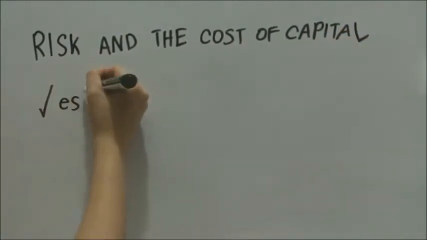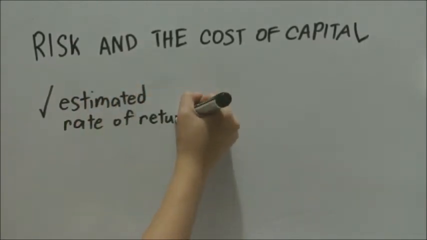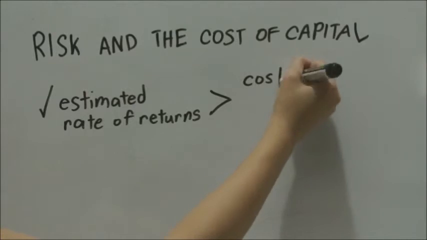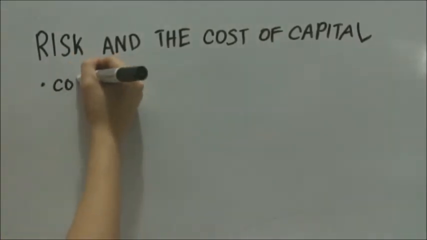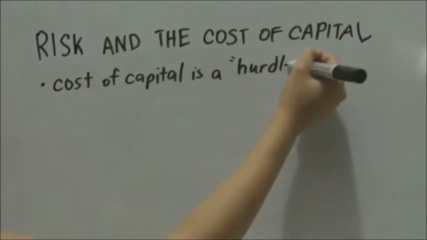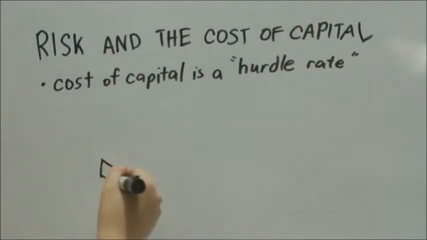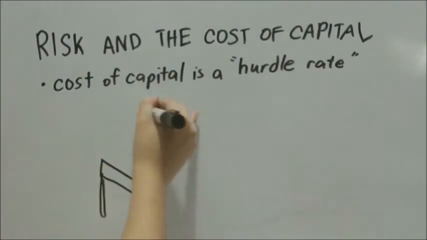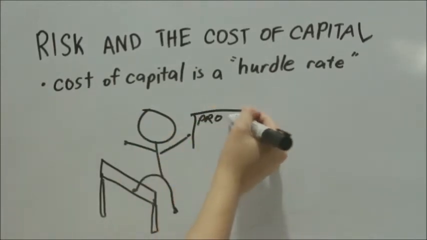Projects should be accepted if and only if their estimated returns exceed their cost of capital. Thus, the cost of capital is a hurdle rate. A project's expected rate of return must jump the hurdle for it to be accepted.